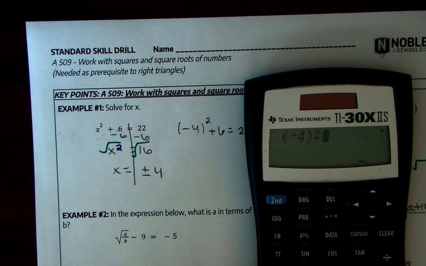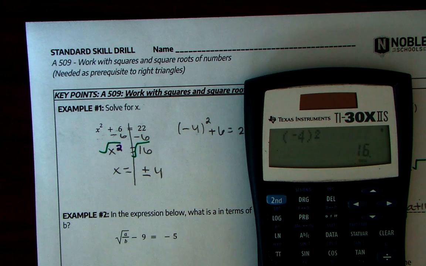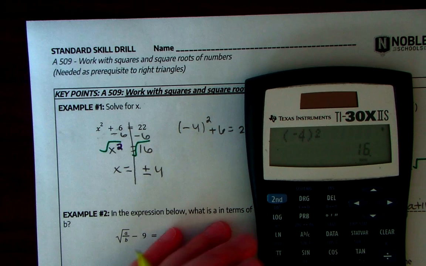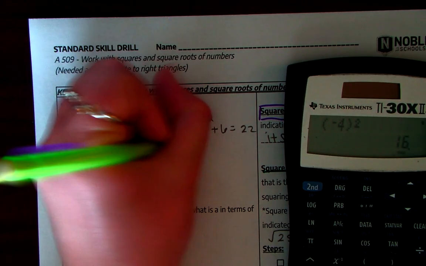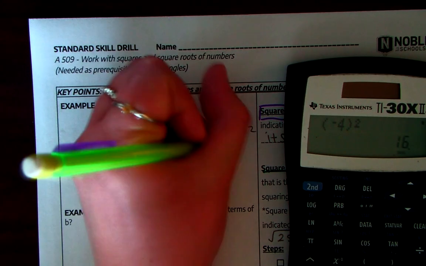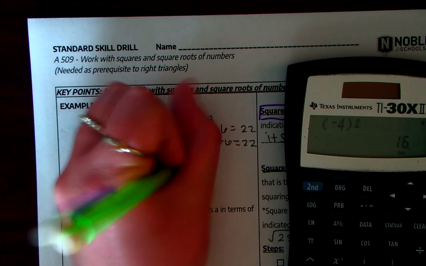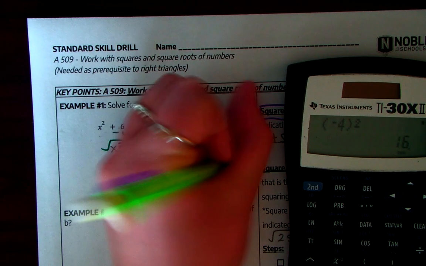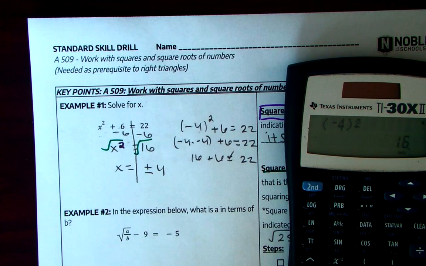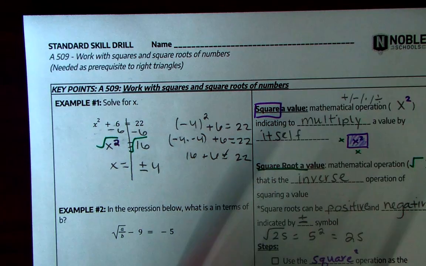Then I square it. Notice how I still get positive 16? It's because negative 4 times negative 4 is a positive. So if I were to do this by hand, this would be negative 4 times negative 4, which is positive 16. And it checks out and gets me 22. Okay, cool.